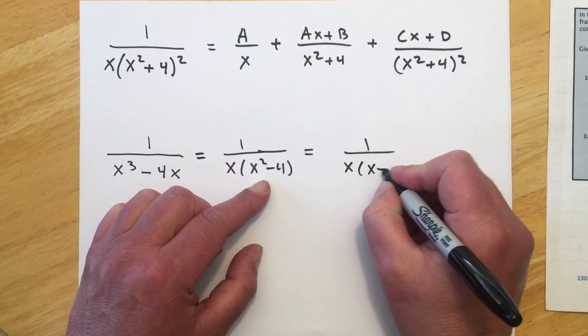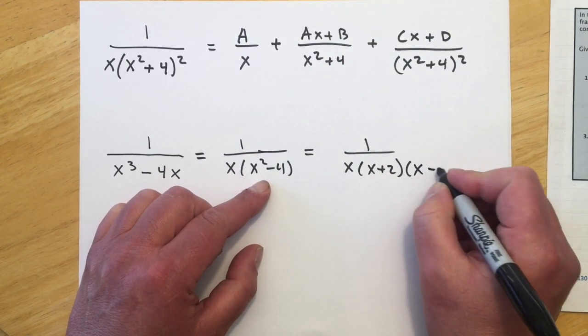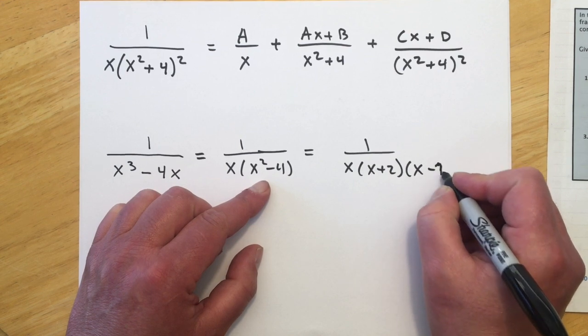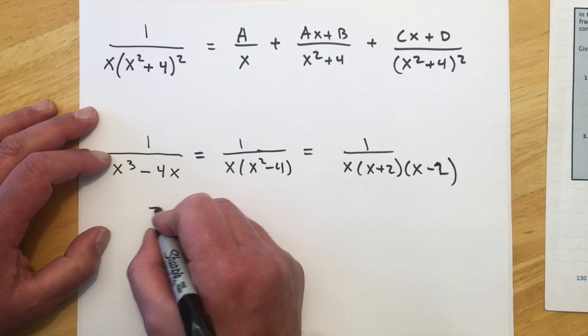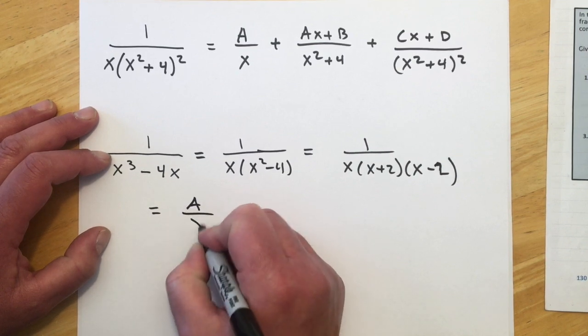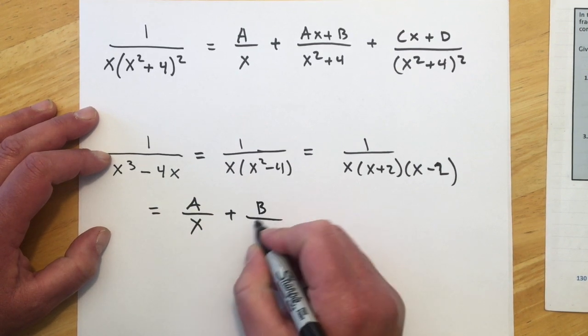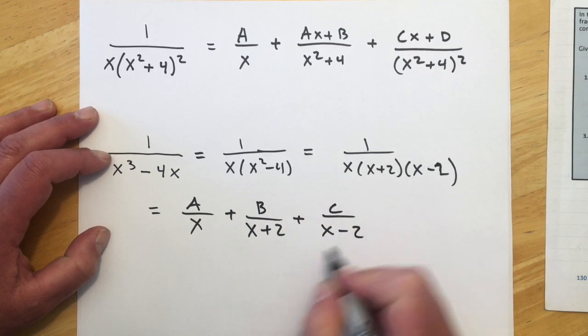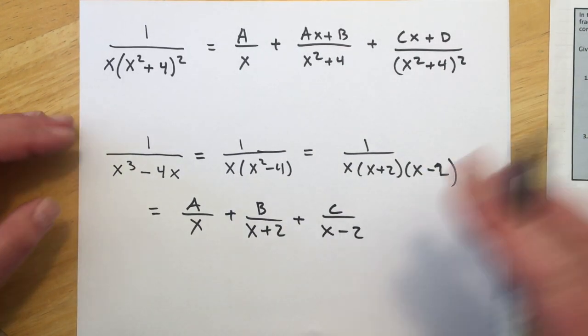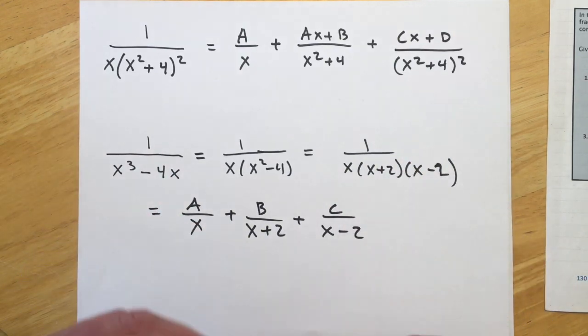So this would be x plus 2, x minus 2. And then that's just a bunch of linear terms. So then that would equal A over x plus B over x plus 2 plus C over x minus 2. Hopefully that helps you get the flow for how to set these up.